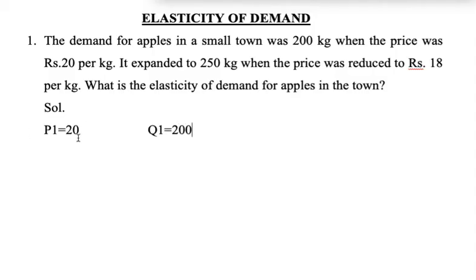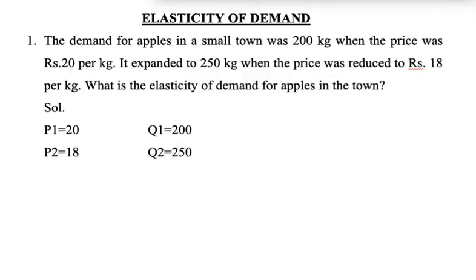When the price was reduced from 20 rupees per kg to 18 rupees, that is P2 is equal to 18, and demand, that is Q2, expanded to 250 kg.